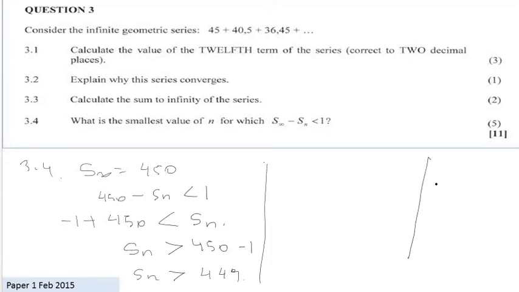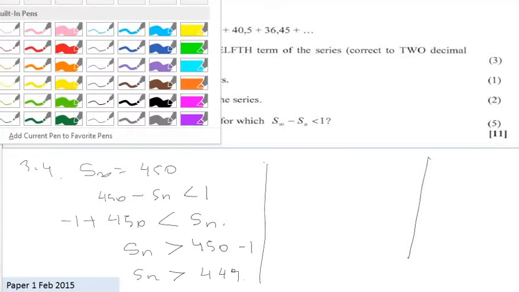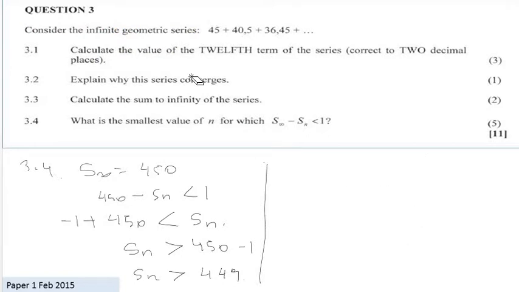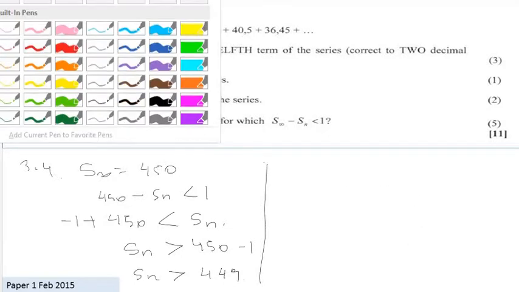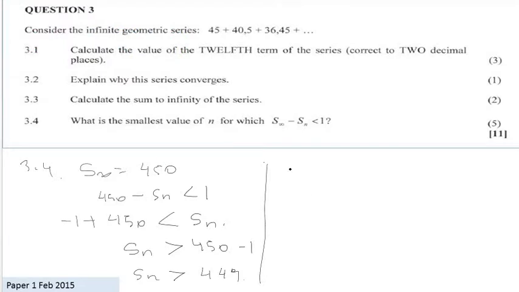Since I know the relation of Sn, I first need to write that relation. Sn is equal to a times 1 minus r to the power of n, divided by 1 minus r. This formula is used when the common ratio r is less than 1.